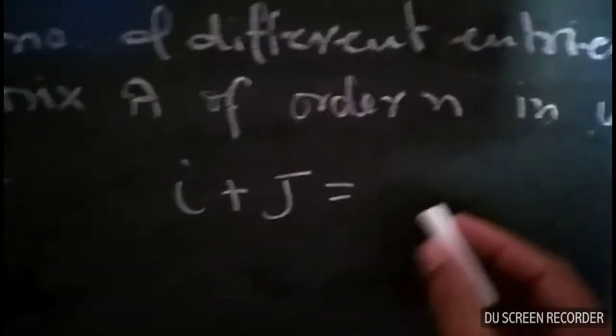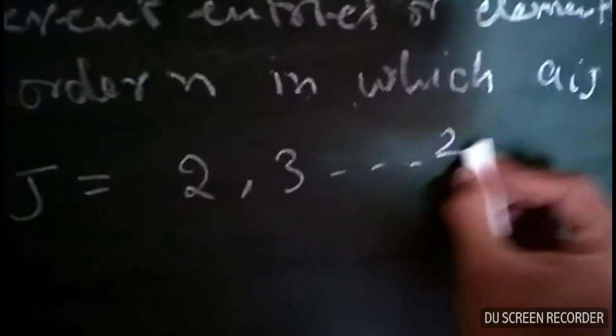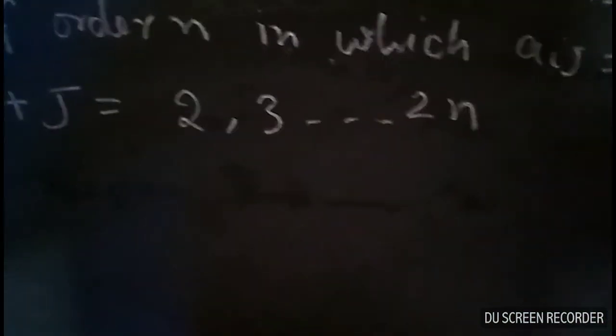We know that the sum of row number and column number varies from 2 to 2n. That is, the value of i plus j lies between 2 and 2n. We also know that each particular sum can have one distinct entry.